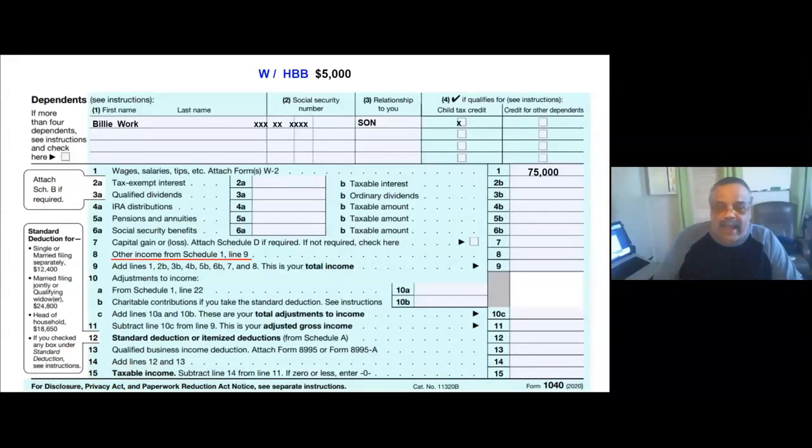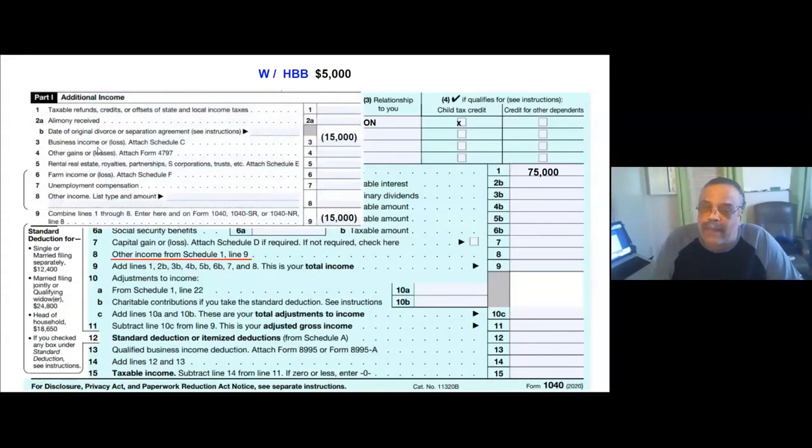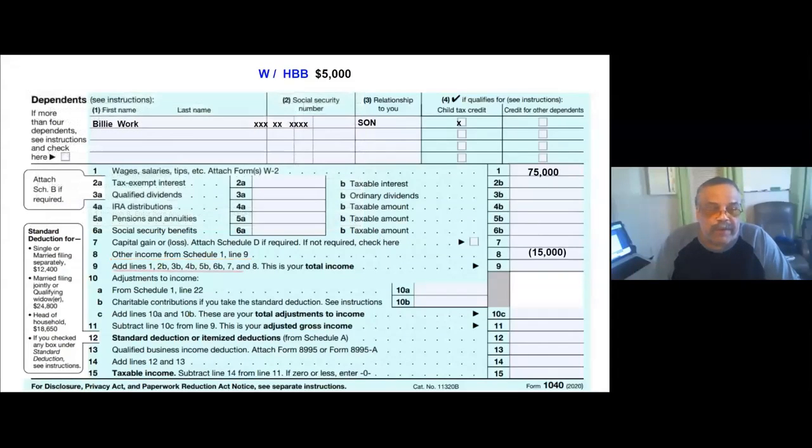But then on line 8, it says other income from Schedule 1, line 9. So you go back to that Schedule 1, and this is part of Schedule 1, line 9. There's your $15,000 loss. You bring your $15,000 loss on line 8, like it said. Then you have the adjustments to your income from Schedule 1, line 22.